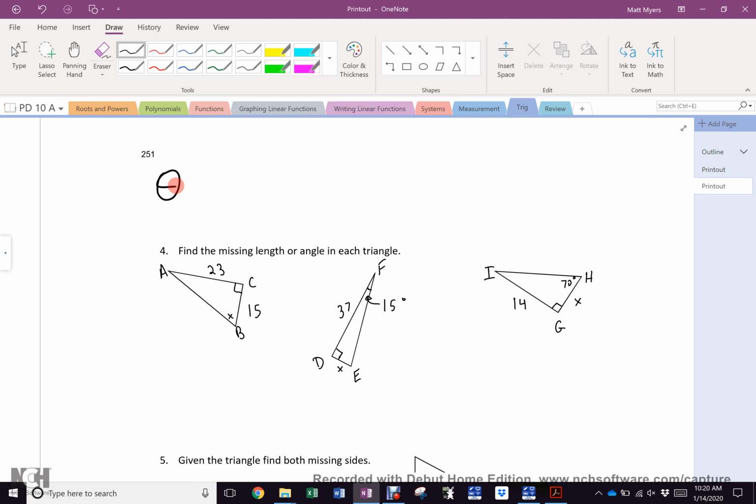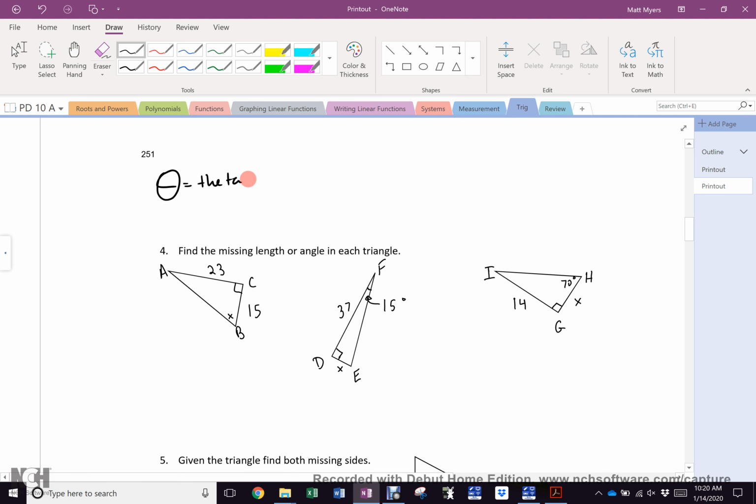Okay. So, you've all drawn this symbol, yes? This symbol is what is called theta. It is a Greek letter, and we use it to describe an angle. Any angle with which we are going to work is called theta. Okay?